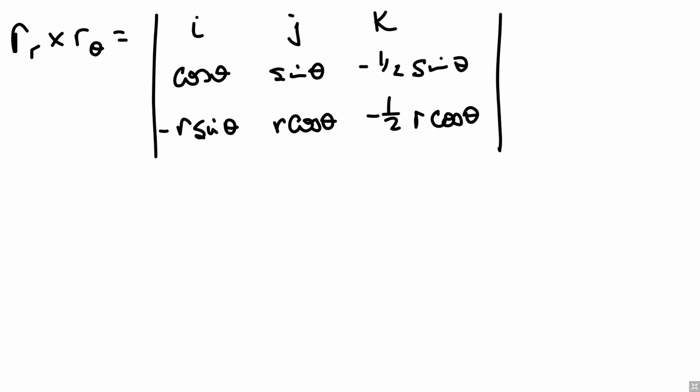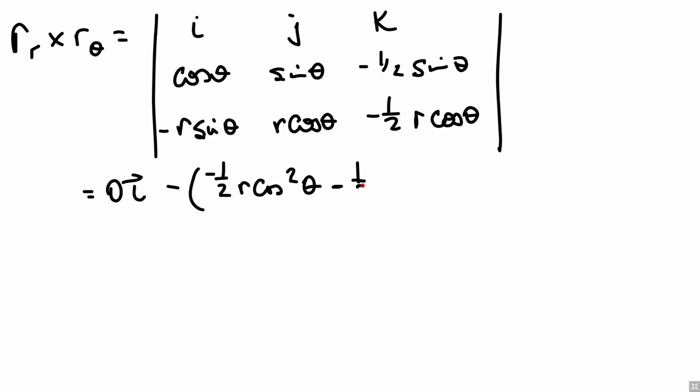So for the i, we're going to have 0 in the i direction. For the j, we're going to have minus, let's see here, negative 1/2 r cosine squared theta.